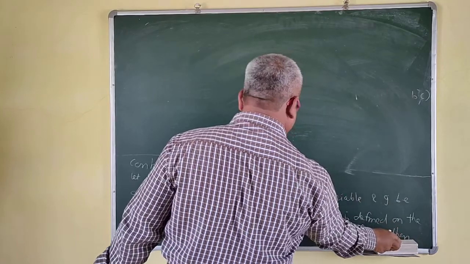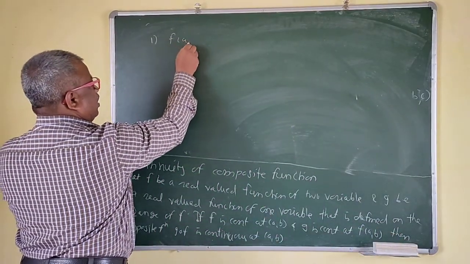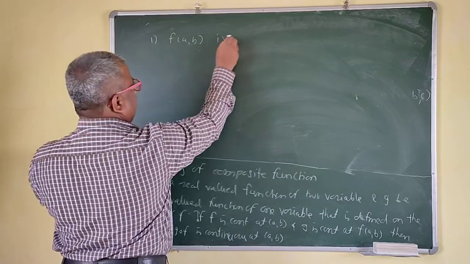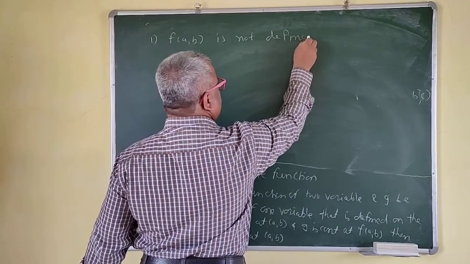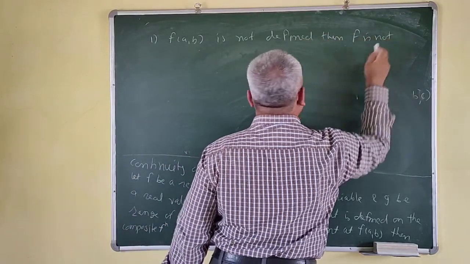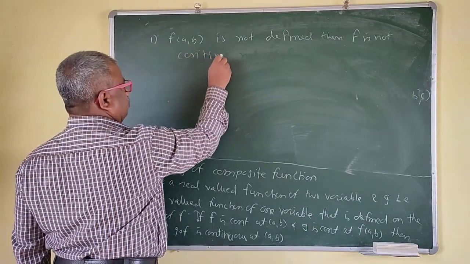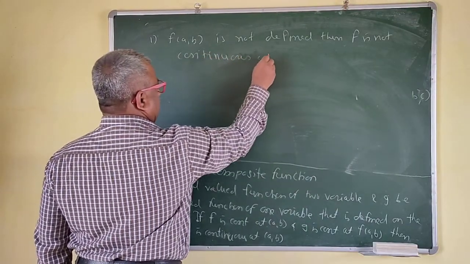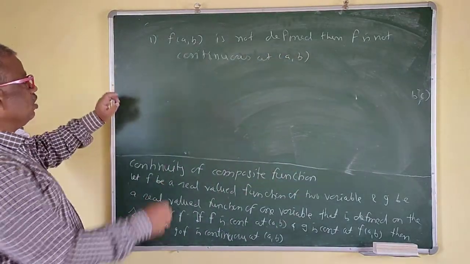Now note that, first, if f(a, b) or f(a, b, c) is not defined, then f is not continuous at (a, b). So if f(a, b) is not defined, then it is not continuous.